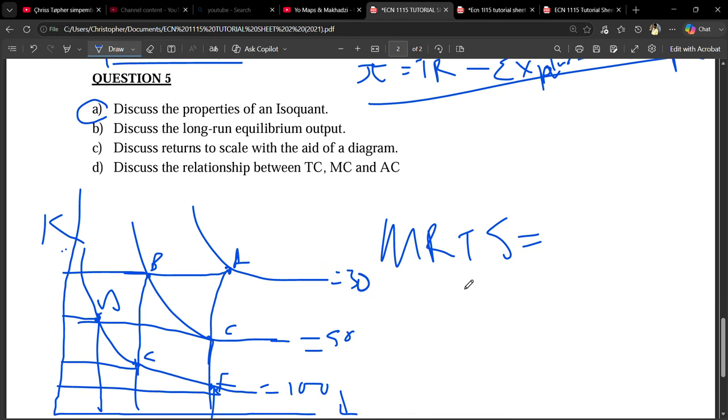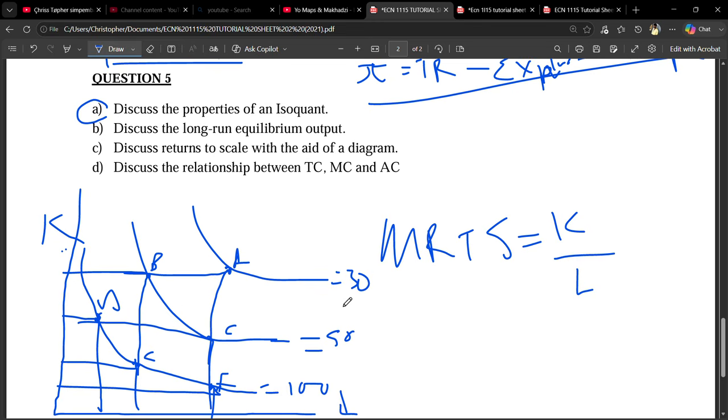So I have 30 there, something like that. The technical substitution is going to be given by capital over labor, because we're just moving from there.